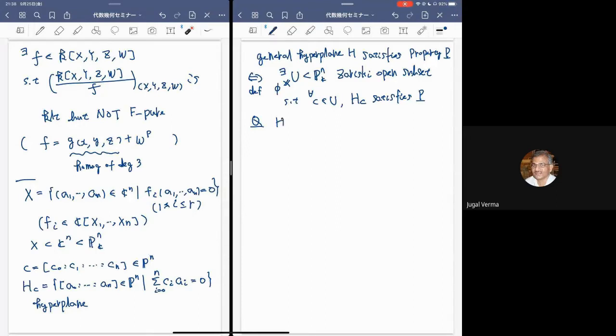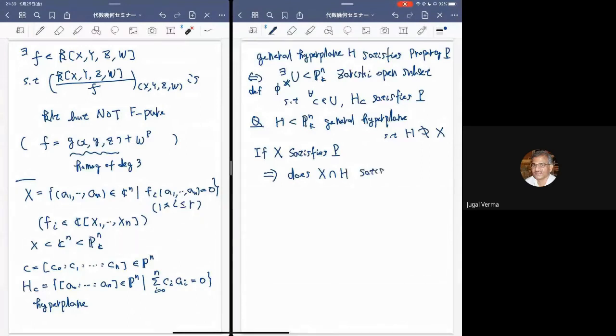Let H be a general hyperplane, and I assume H does not contain X. If X satisfies property P, then does the intersection of X with H satisfy the same property P?